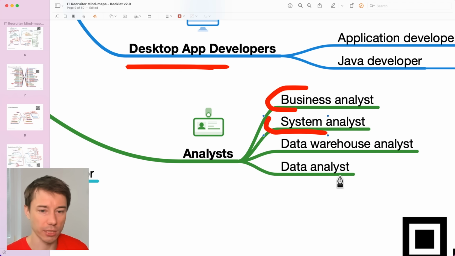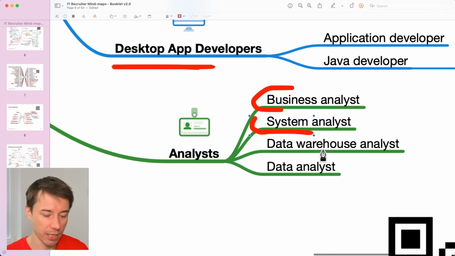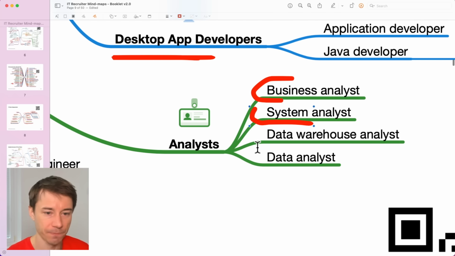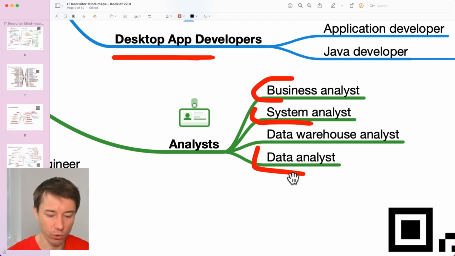If someone is working in a data warehouse, then they will need to analyze the data warehouse itself and all the tables and schemas and whatnot. So we are talking about a data warehouse analyst, DWH analyst, or data analyst, someone who can analyze data in a database with SQL or create some reports in Power BI or Tableau.